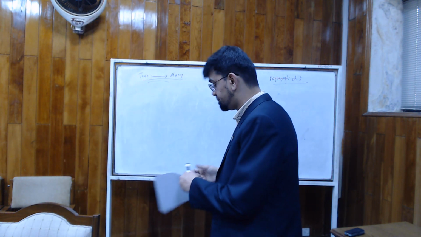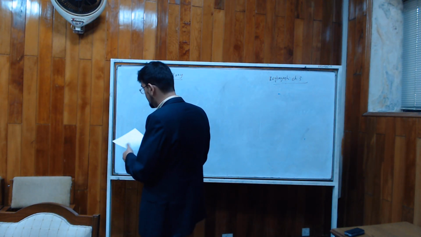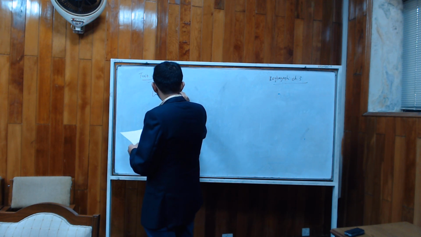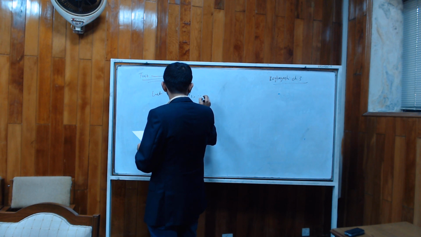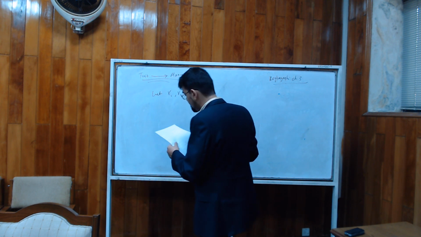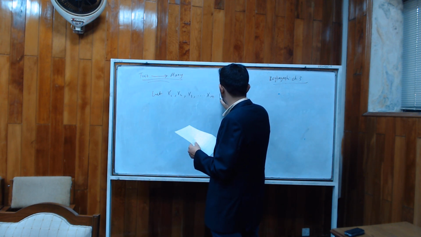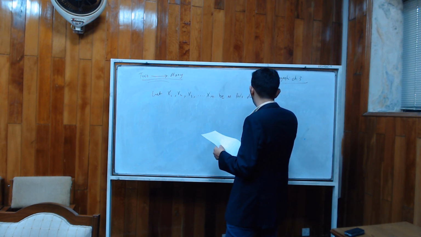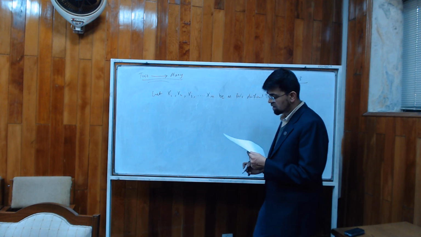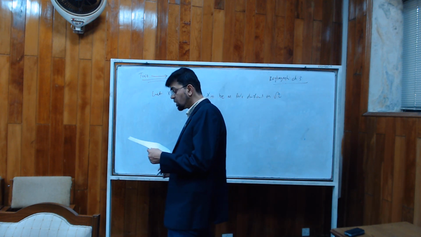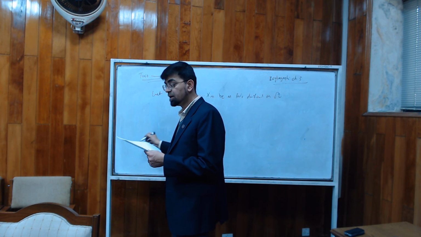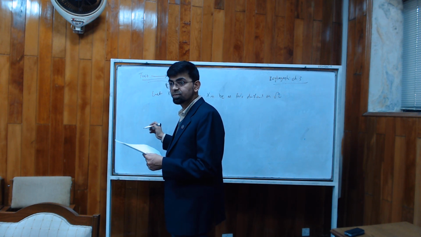So let x1, x2, x3, up to xm be m random variables defined on some sample space omega. Then we may define a multivariate, m-dimensional joint distribution.